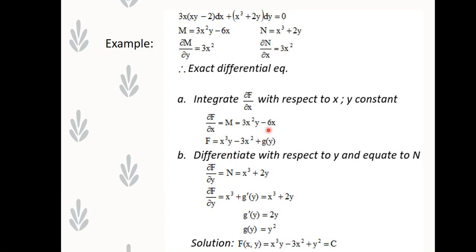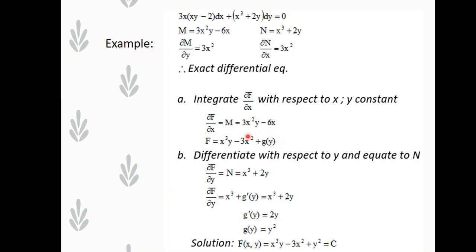Now, you have the appearance here. So, you have the appearance of the g of y. So, you have 3x squared y minus 6x. Now, where is this coming from? So, x cubed y minus 3x squared plus g of y. Where is this coming from?